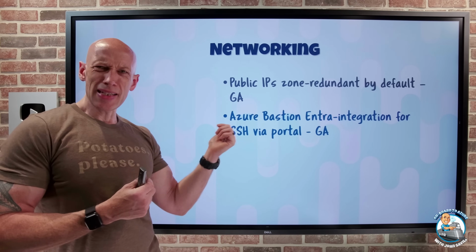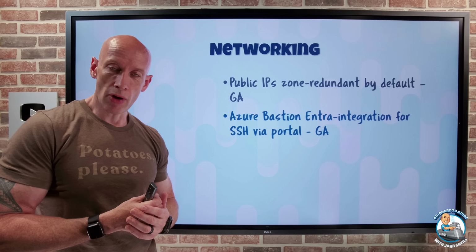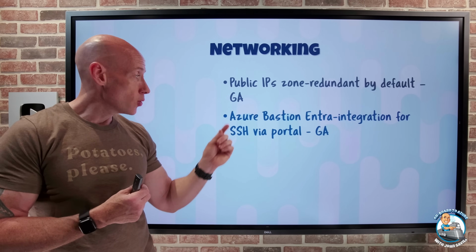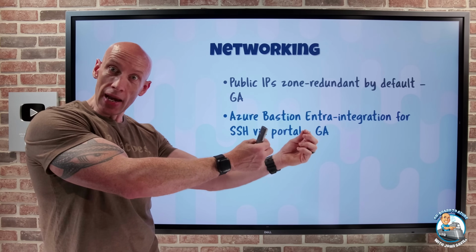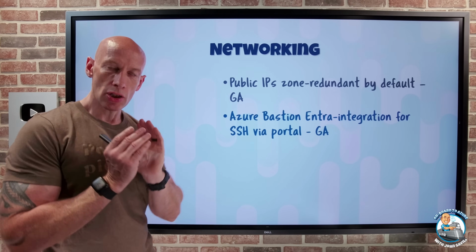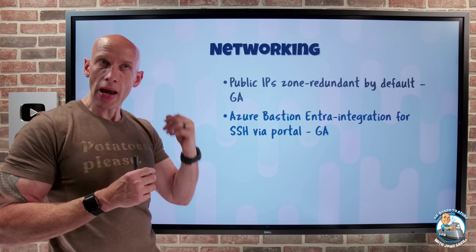Now, we always think of SSH as Linux, and obviously I can do the Entra ID integration with that, but also if I'm running the standard or premium SKUs of Azure Bastion, I can also use SSH to connect to Windows VMs. So now I can use Entra integration for the SSH connection to my Windows or Linux via Azure Bastion.